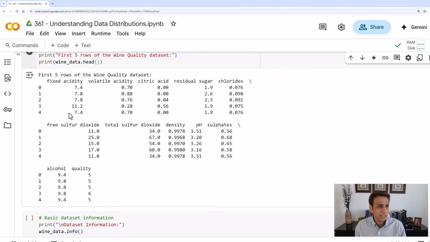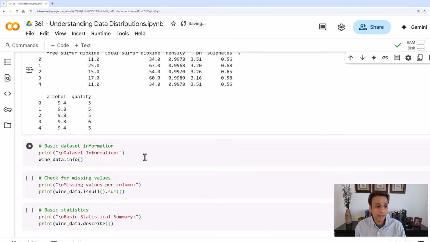As you can see, it has fixed acidity, volatile acidity, citric acid, a whole bunch of attributes, and finally the quality of that specific wine. For example, number 3 here is tagged as a quality of 6. Okay, so you have a good understanding, and again, descriptive statistics is something I talked about in the last tutorial, but every time I get a new data set, I go through these steps.